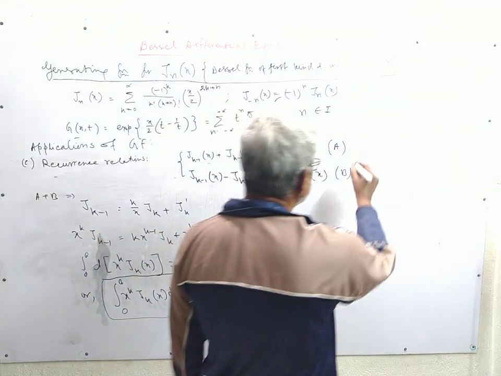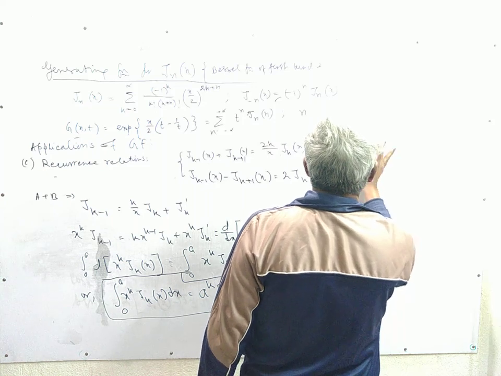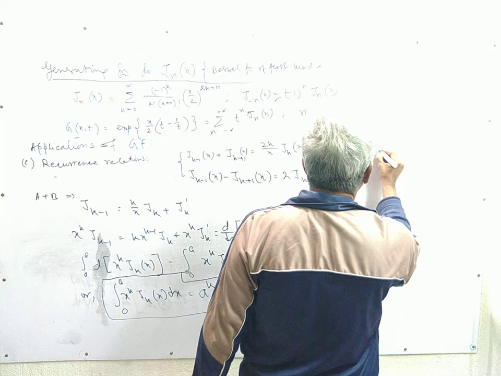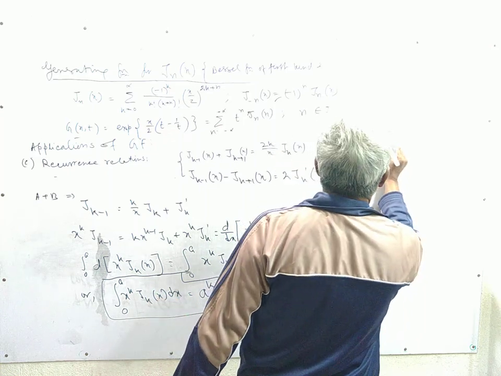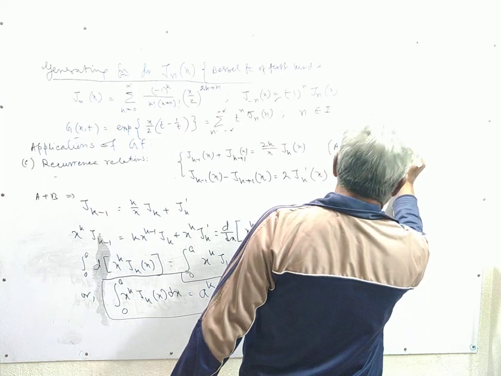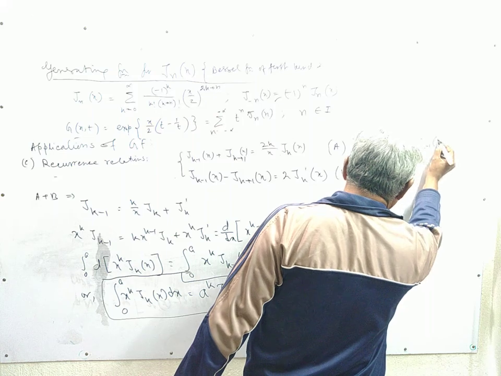So we write the relation as the integral of x^k J_{k-1}(x) dx from 0 to a equals a^k J_k(a).